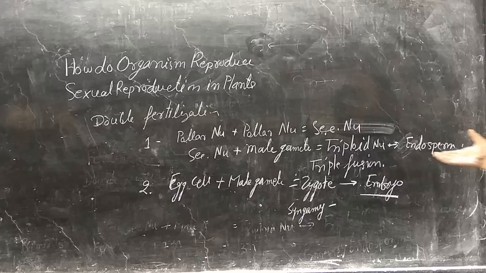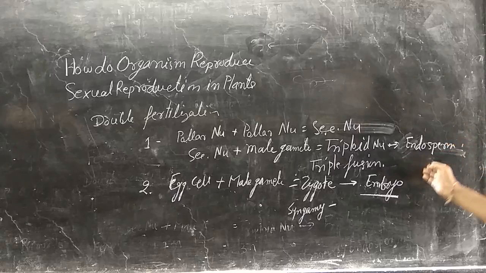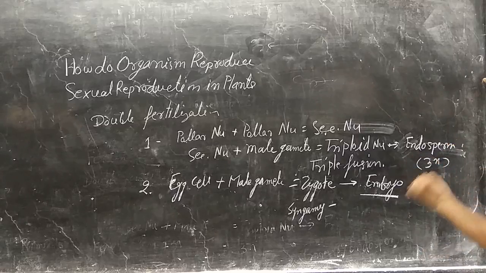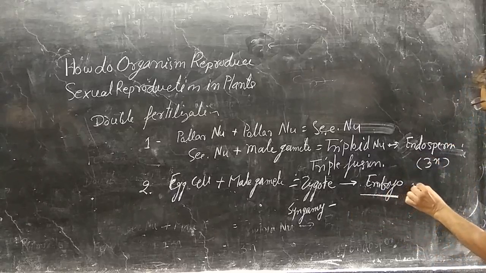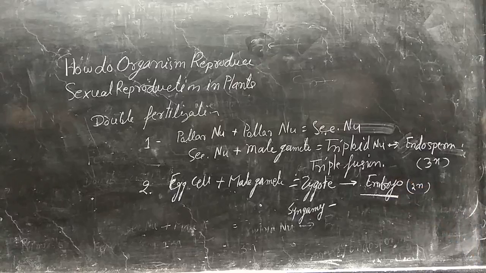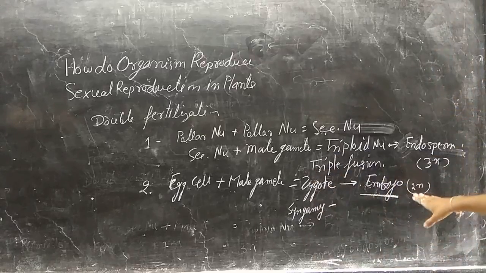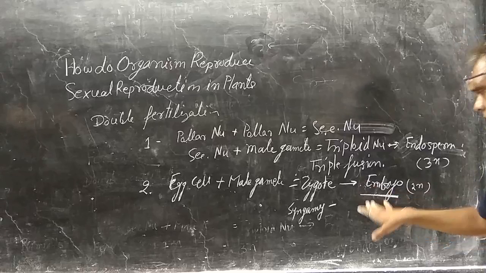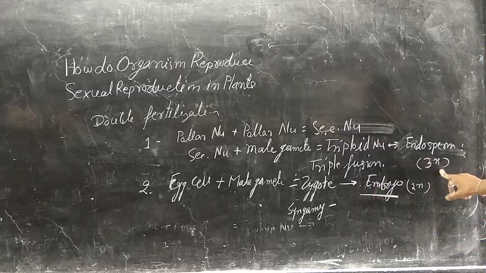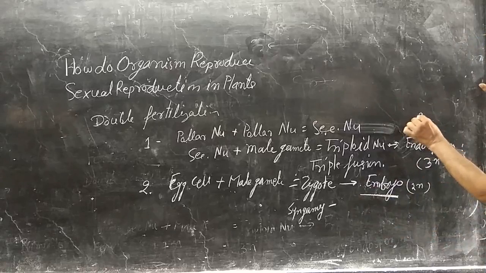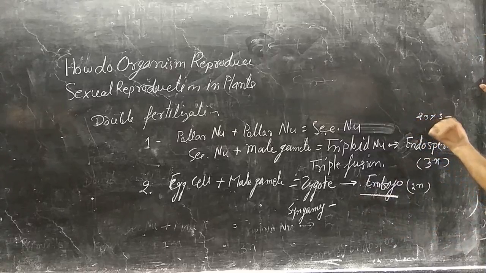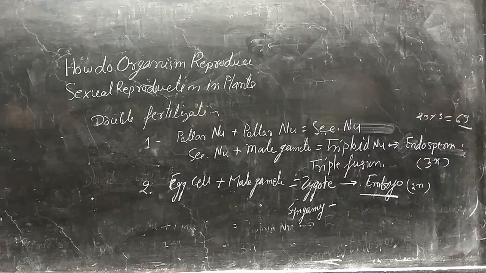The endosperm is the specific tissue that contains 3n chromosomes, and the embryo contains 2n chromosomes. Suppose the 2n condition is 46, just like in human beings. So the embryo contains 46 chromosomes, while the endosperm contains 23 into 3, that is 69 chromosomes.